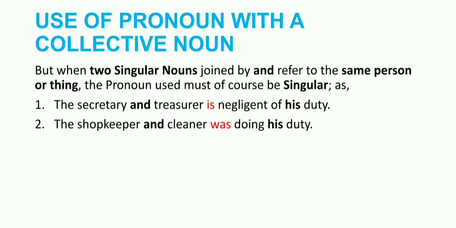The next example is, the shopkeeper and cleaner was doing his duty. Here again the shopkeeper and cleaner is the same person, so for the same person we use a singular verb and a singular pronoun in both cases.